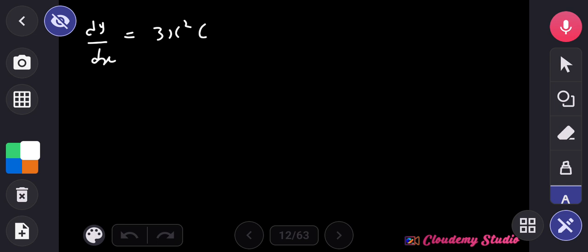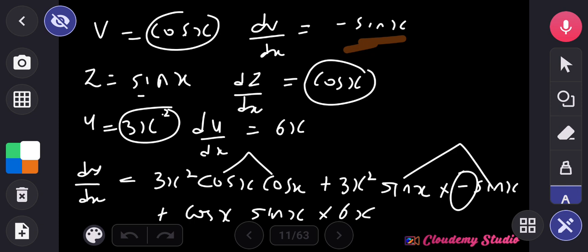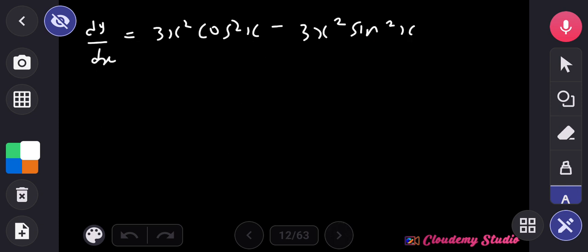3x squared cos squared x plus, or I will say minus because of the minus that is there. So I'm going to say minus 3x squared sine squared x, because sine x multiplied by sine x equals to sine squared x, then plus cos x sine x multiplied by 6x.